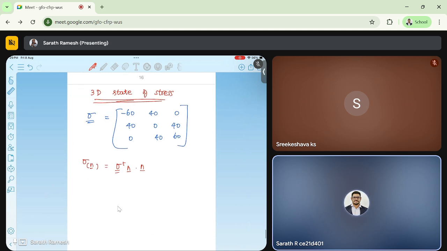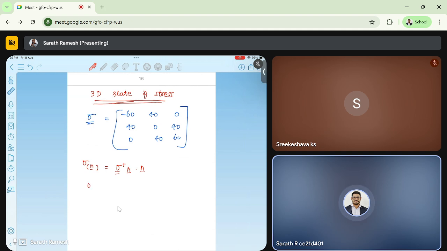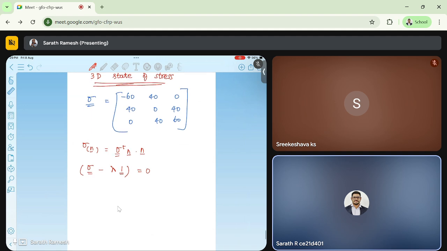So when we differentiate this, finally we will end up with an equation like this: sigma minus lambda times identity, times n, is equal to 0. So this is nothing but the eigenvalue problem. We need to find a lambda such that this equation holds true.